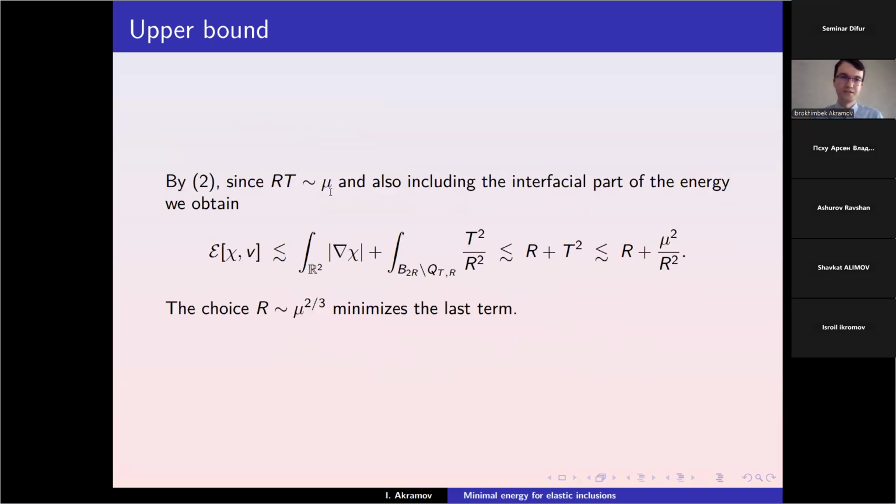And then, since t r is equivalent to mu, and also including the interfacial part of the energy, we obtain that this energy is smaller than the perimeter of this length plus t squared or r squared, and then this first one is bounded by r, which is the perimeter of this length, plus t squared.